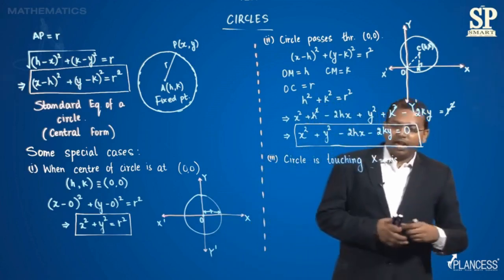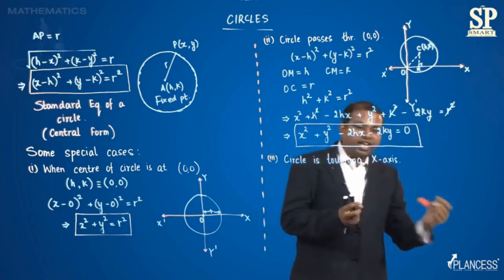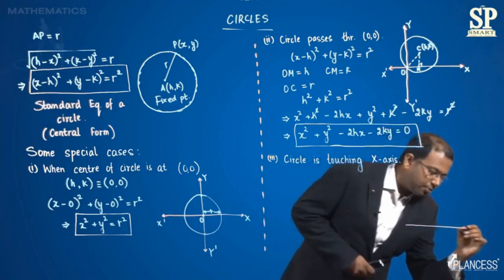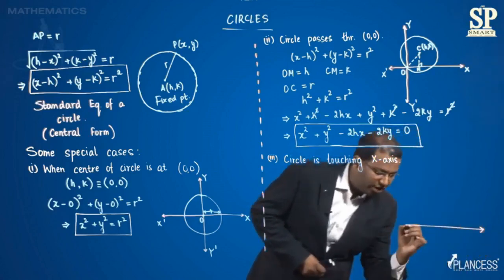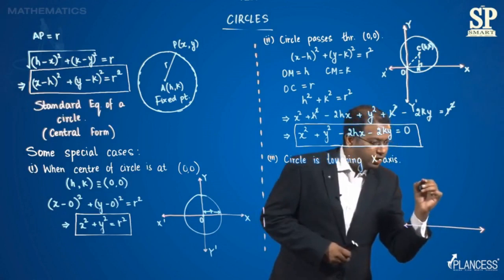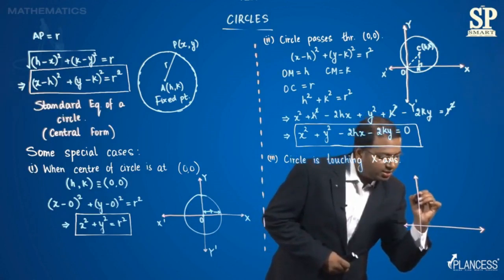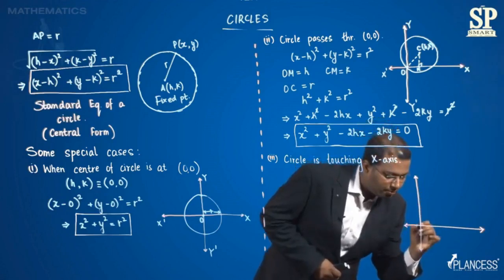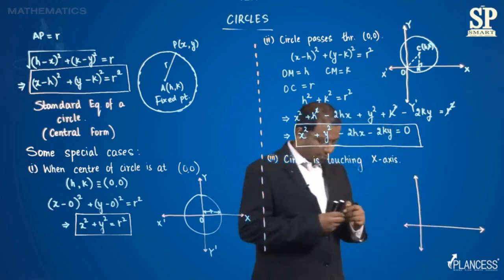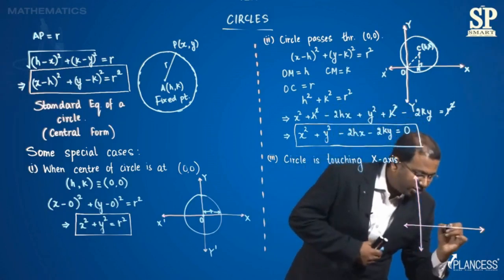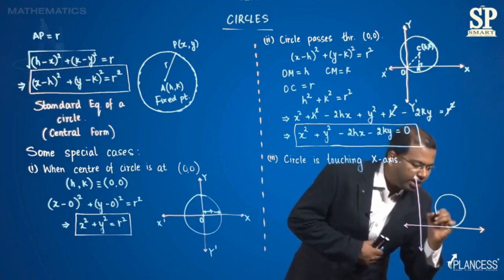So first let us see how the diagram in this case looks like. Here is our axis of x. Here we have our y-axis, and we have a circle which is just touching the x-axis.